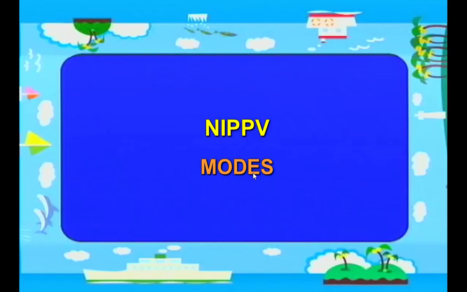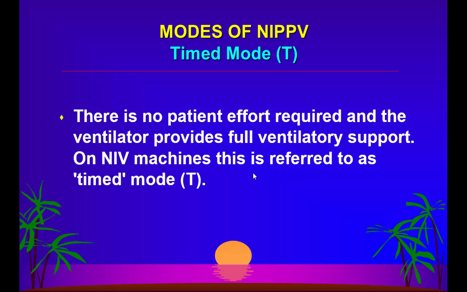Now let's come into the modes of non-invasive ventilation. The first mode is the timed mode, where you set the rate, okay, and basically the ventilator is delivering all the breaths. There is no patient spontaneous breath. This is possible only on the ventilators that we have.